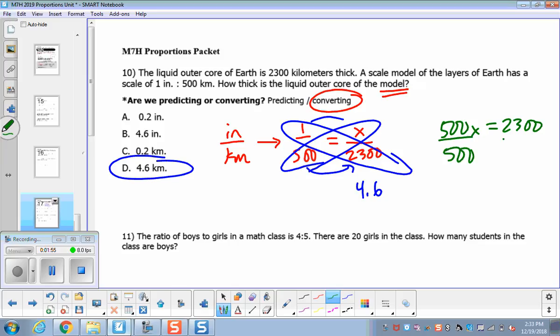And because of the way this problem is set up, you're actually going to be doing the same thing in the calculator, the 2,300 divided by 500, and we get a 4.6. So what that means is that in our little model of the Earth, 4.6 inches thick on the model represents the outer core of 2,300 kilometers.